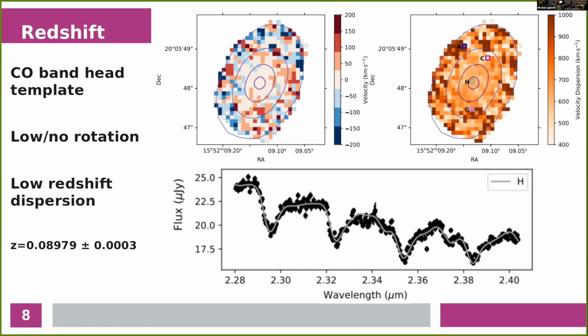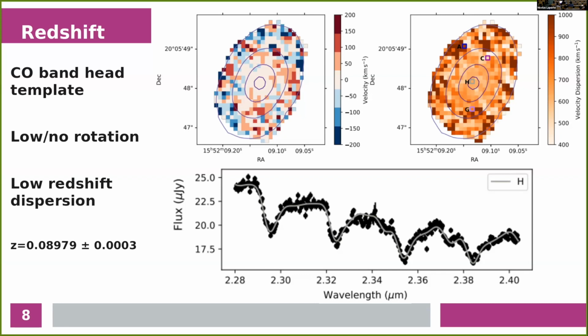So we see very little in the way of rotation. This is expected because this object's a slow rotator. But what this means is that we can combine all the different fits together into one probability space to get a really accurate redshift.